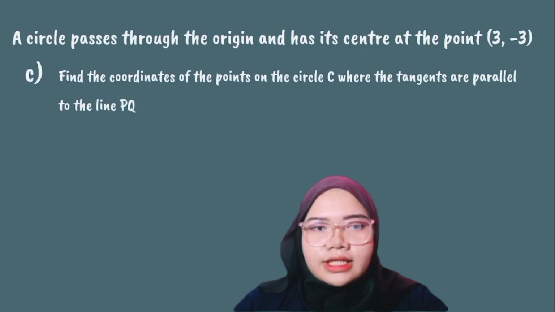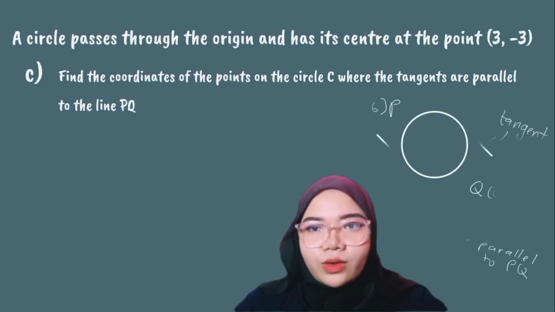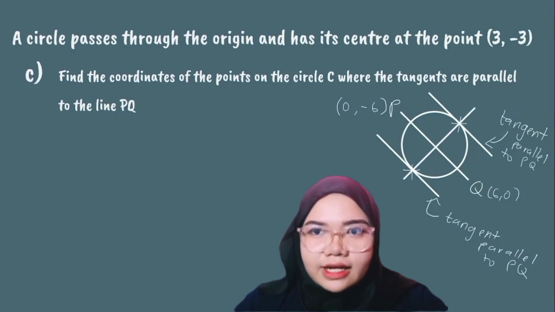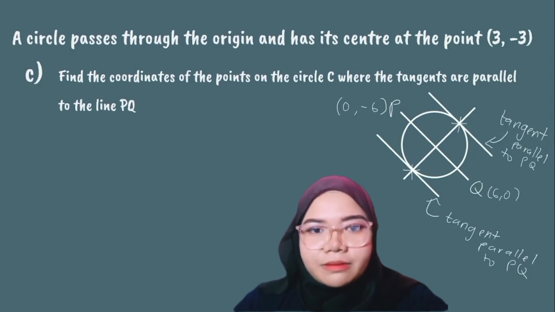The question asks to find the tangents that are parallel to the line PQ, and we have two tangents that are parallel to line PQ. Each tangent touches one point of the circle, and that is here and here. To make it easier, we make a line that connects those 2 points and look for the gradient of the line. These lines are perpendicular to line PQ.